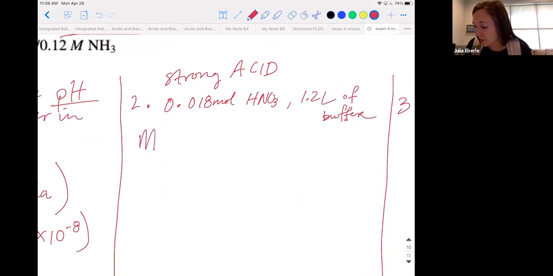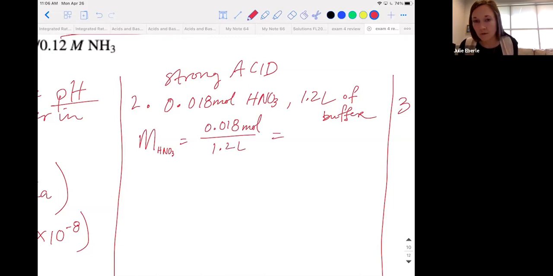What is molarity for the acid HNO3? That's moles per liter. So I'm going to plug in my 0.018 moles divided by my 1.2 liters, and I get 0.015 molar.